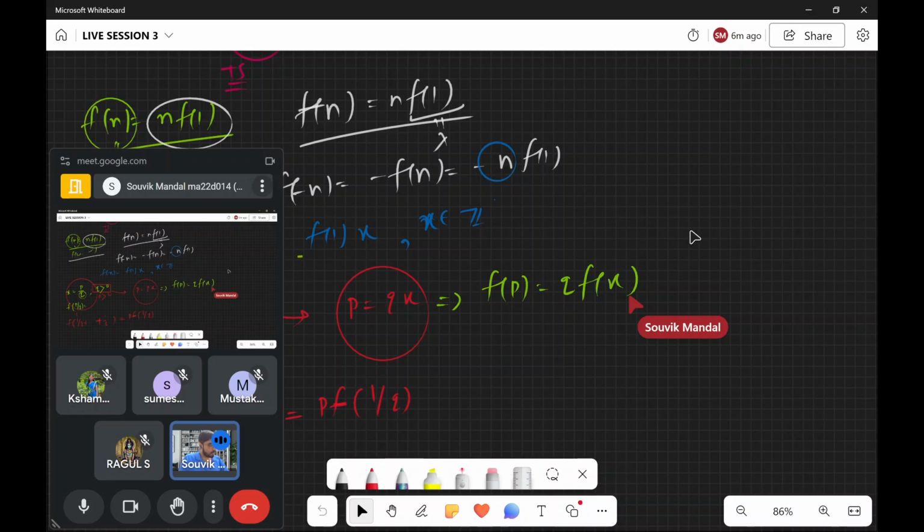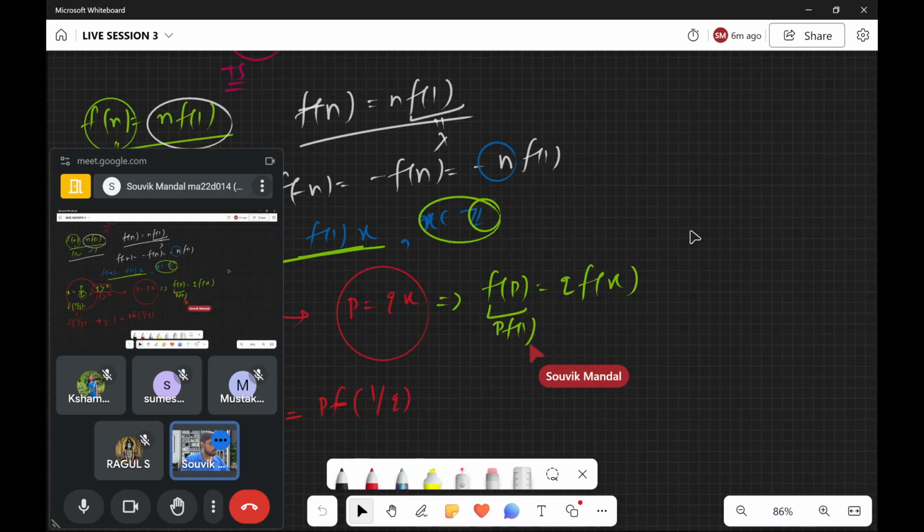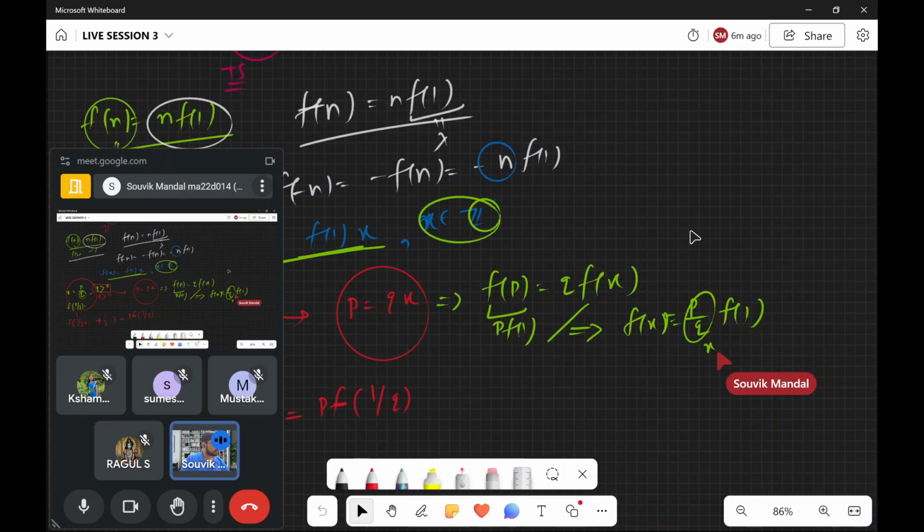Observe that we already have f of x for integers x, right? f of p is equal to p times f of 1. So f of x, for x equal to p by q, follows, and this is nothing but x times f of 1. So we have it till rationals.